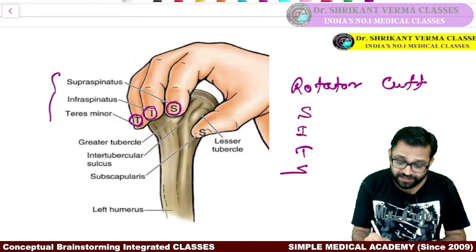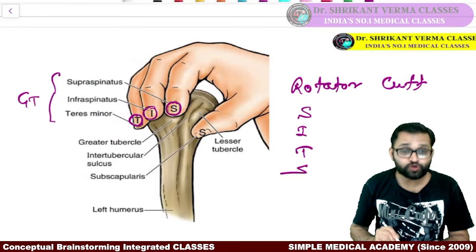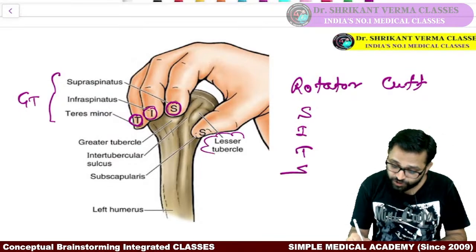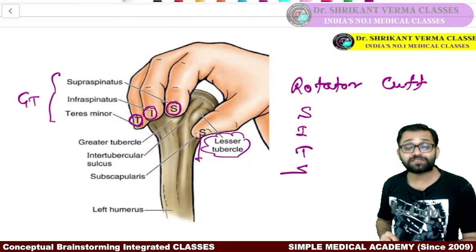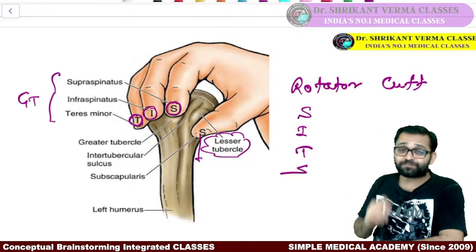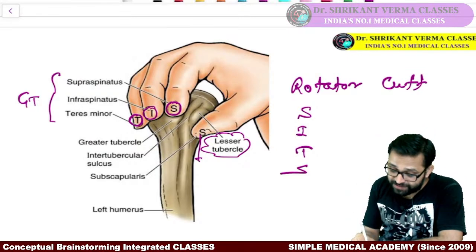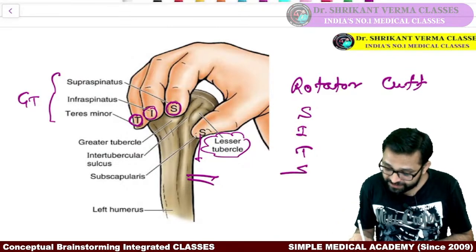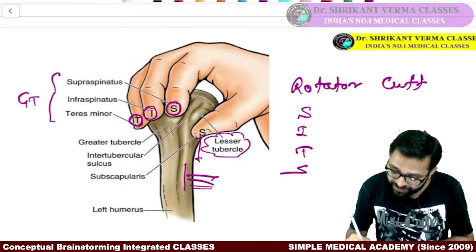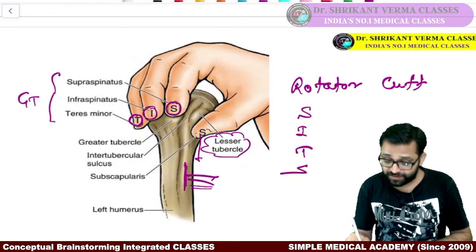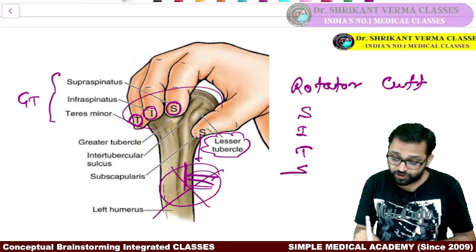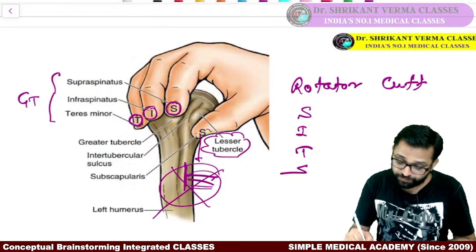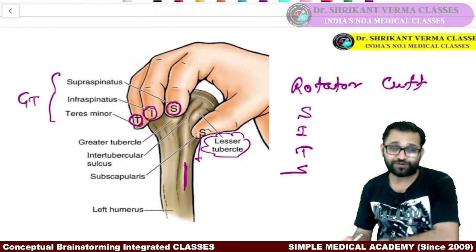These are attached to the greater tubercle, and the lesser tubercle has the attachment of the subscapularis. Except teres major. Teres major is attached at the medial border of the intertubercular sulcus. So it is not related to the shoulder joint part. That's why teres major is not included.